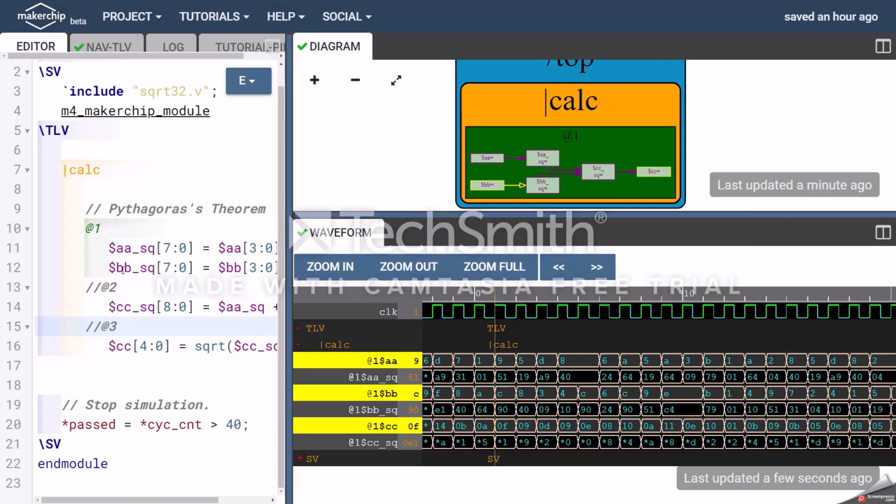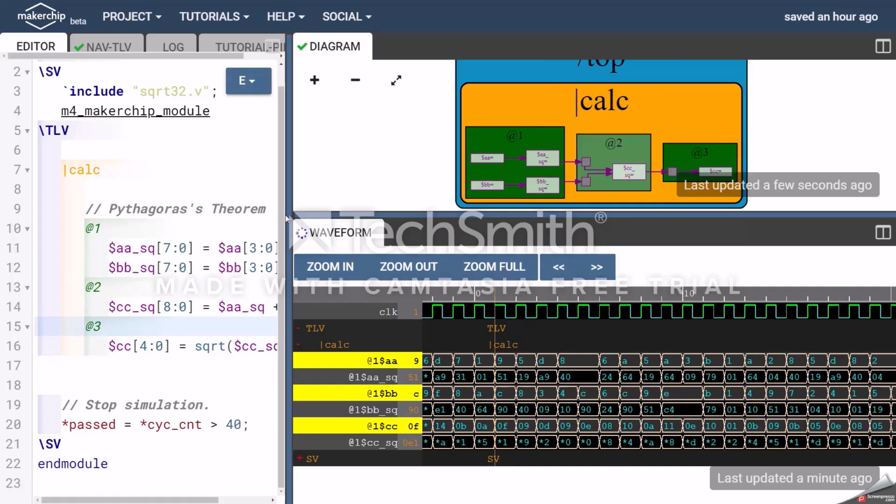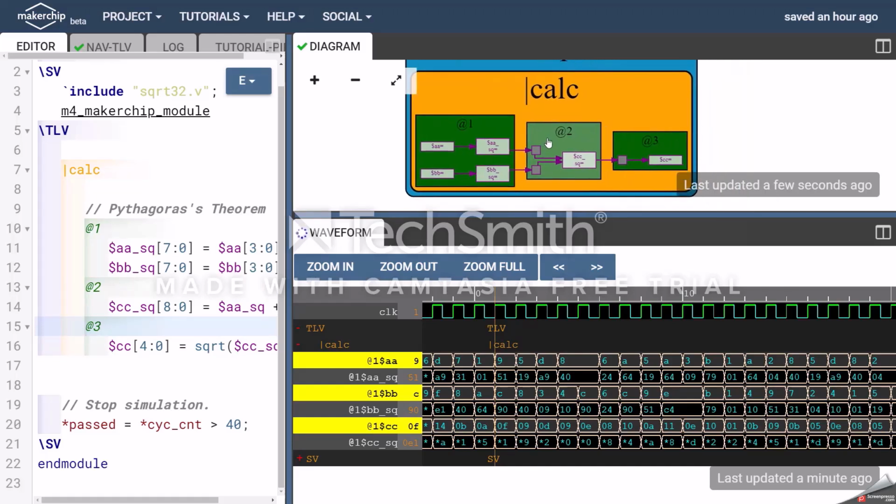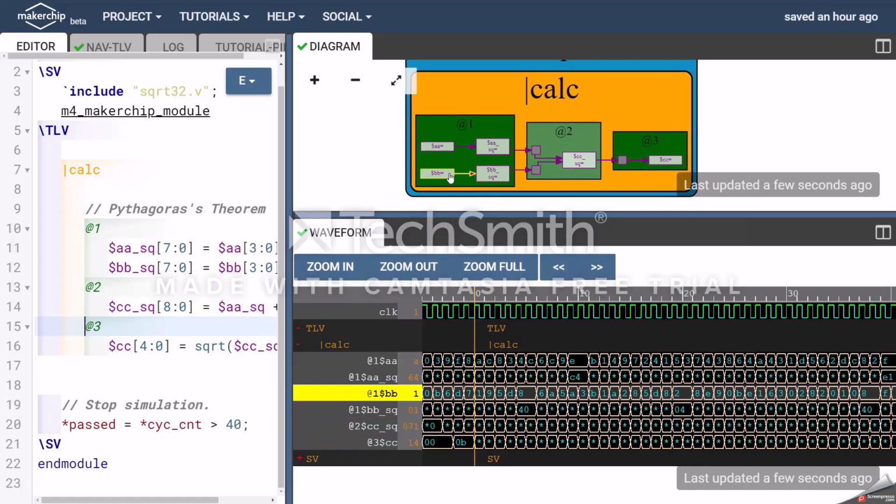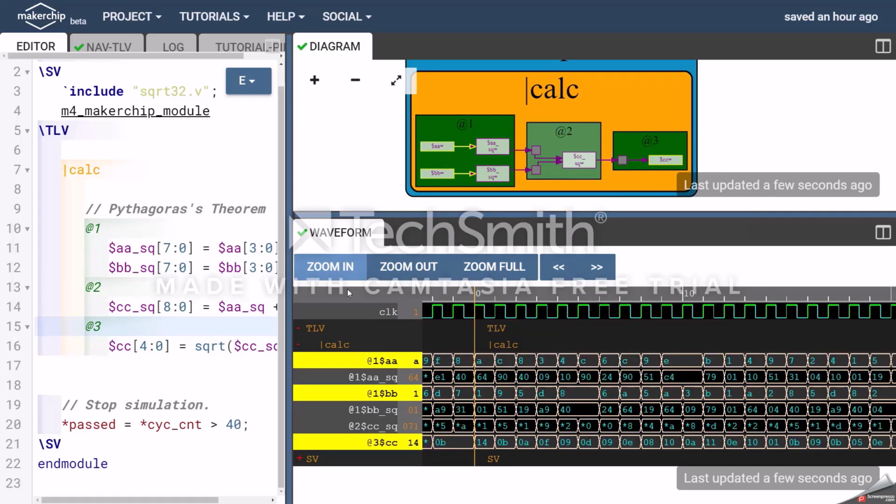Okay. When I pipeline the design, we're distributing the computation in time. So here's my new pipeline design, loading in the waveform viewer. Zooming in again, it looks like we've got another C and 9 here.